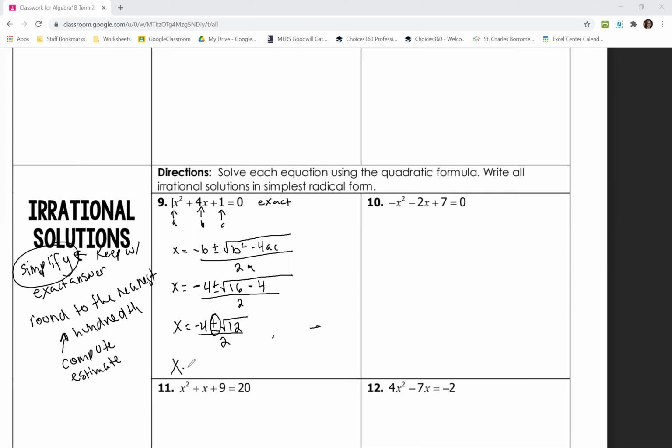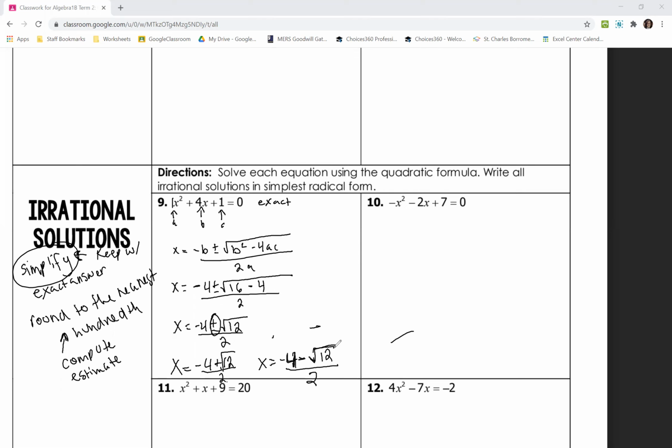You'll have to say x equals negative 4 plus the square root of 12 all over 2, and x equals negative 4 minus the square root of 12 all over 2. So you see the two different answers that you have to write, the plus and the minus in that equation. All right, so this was if you wanted to write it as an exact answer.